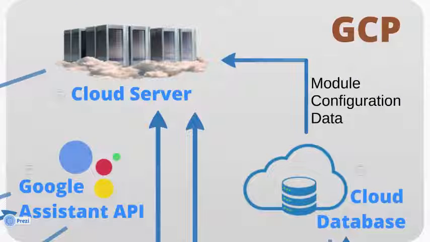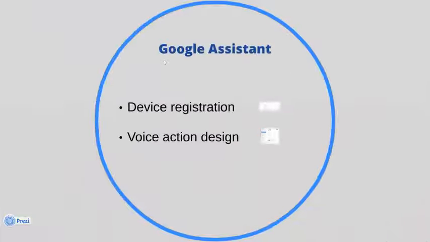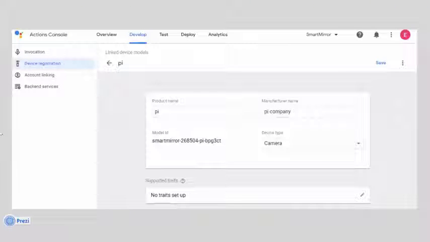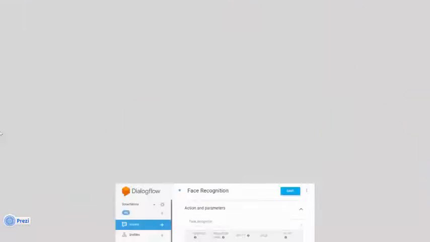Okay, the third part is the Google Assistant API. It was activated through the Google Developers Action Console. First, we filled in the device information for later device registration on Raspberry Pi.